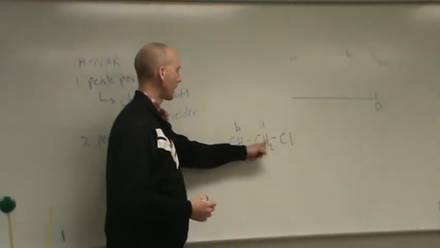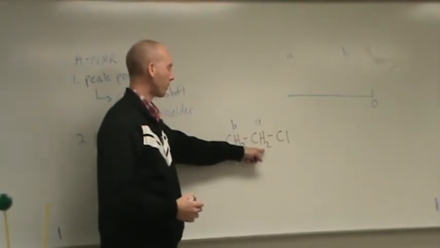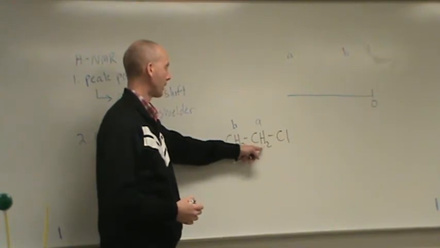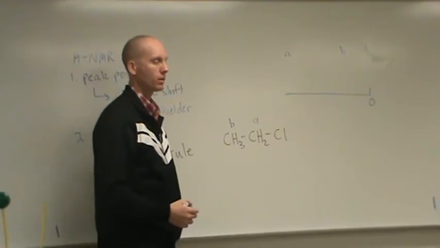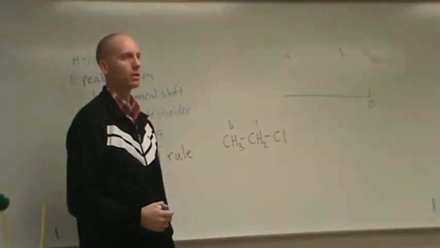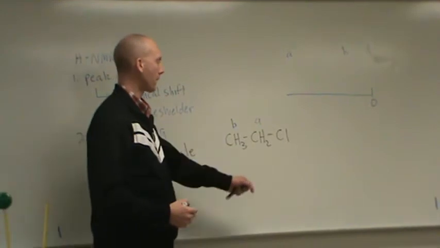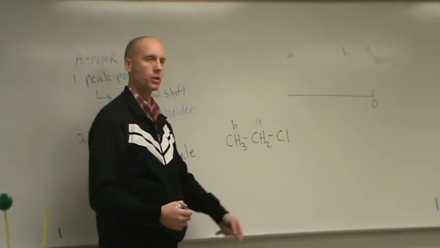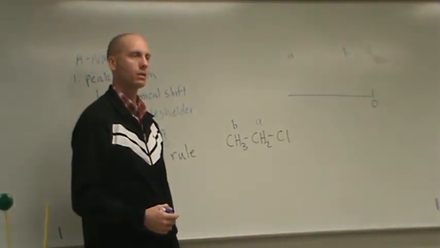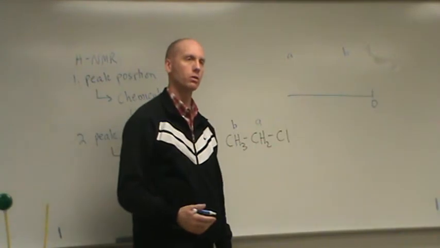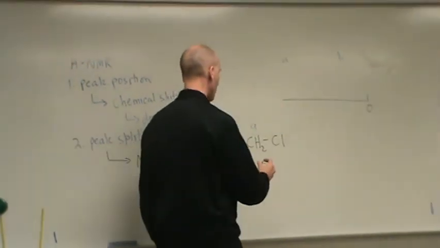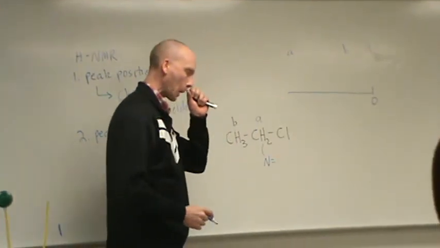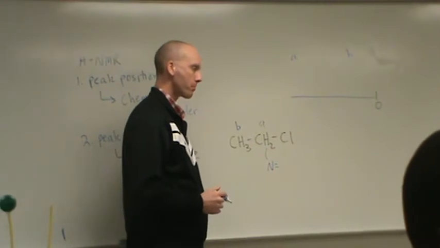So let's look at A. What kind of peak is going to show up for A? Well, what are the neighboring hydrogens on A? How many do we have? How many neighboring hydrogens are on A? 3. Those are the hydrogens we're looking at. Make this as simple as possible. So here, for A, N equals what? 3.